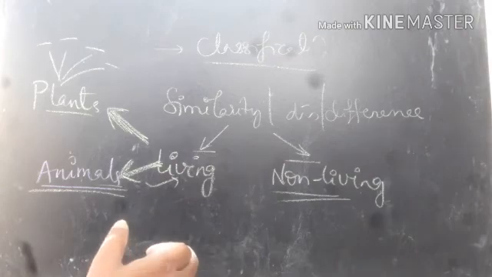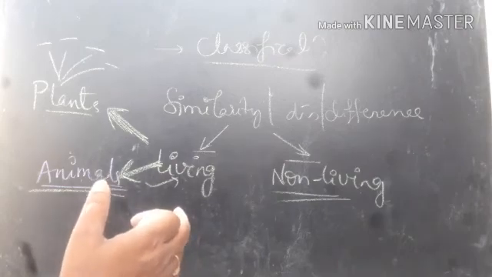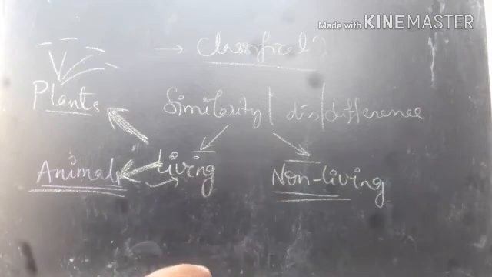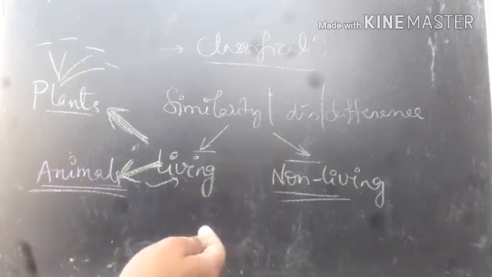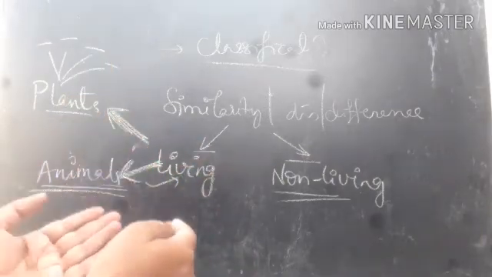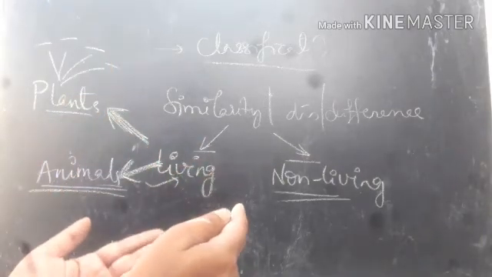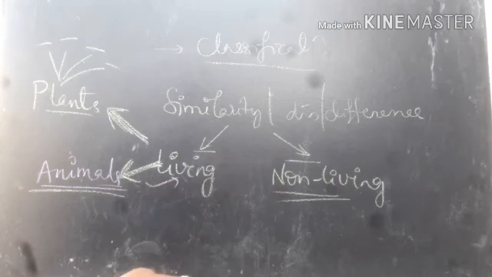For example, objects such as table, chair, bed, door, they are made up of wood. Nail, utensil, magnet, coin, they are made up of metals. And beaker, test tube, funnel and mirror, they are made up of glass. Whereas toys, ruler, mug and polythene bag, they are made up of plastics.